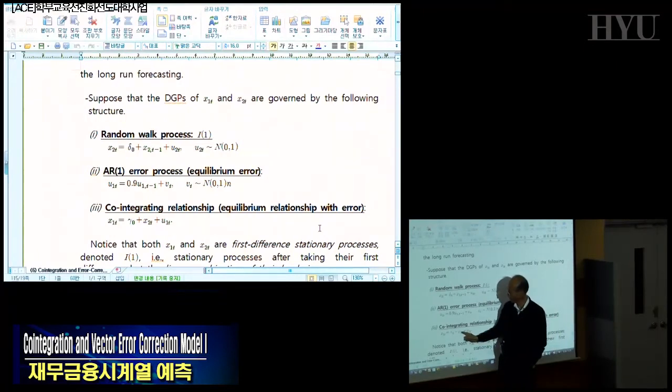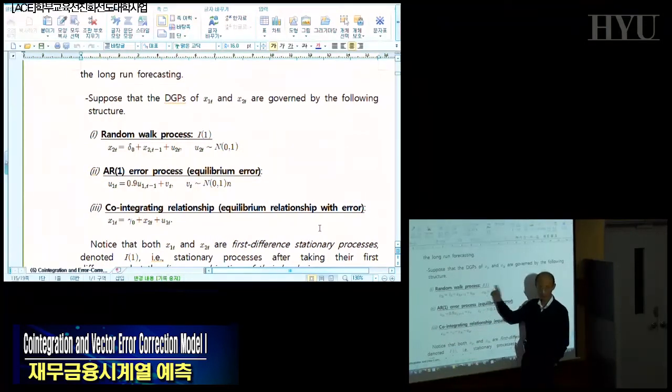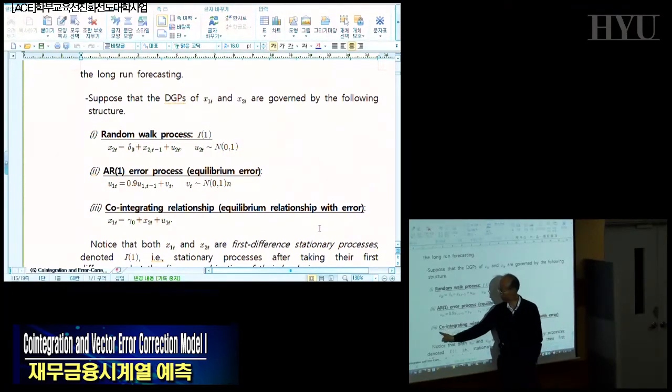If you add a non-stationary variable to a stationary one, then of course this is going to be non-stationary, right? Because the higher order dominates, right? So because this is I1, this is I1 as well. Okay.